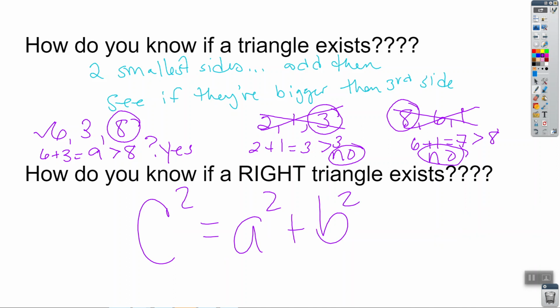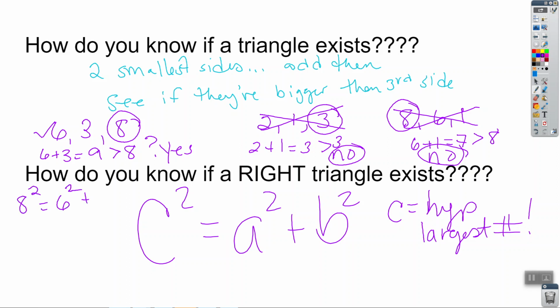Now, how do I know if there's a right triangle? That relationship has to be true. I can plug in some numbers in my calculator and figure out if c squared is the same as a squared plus b squared. Make sure that c is your hypotenuse and it's the largest number. So if I look at 6, 3, and 8 from above, I'm going to say 8 squared is equal to 6 squared plus 3 squared.